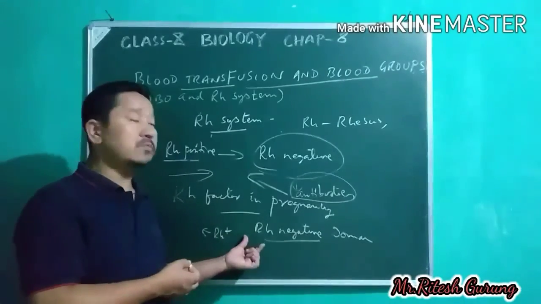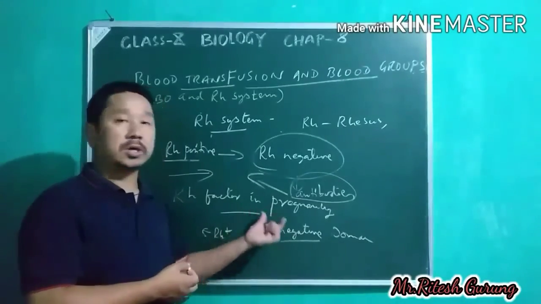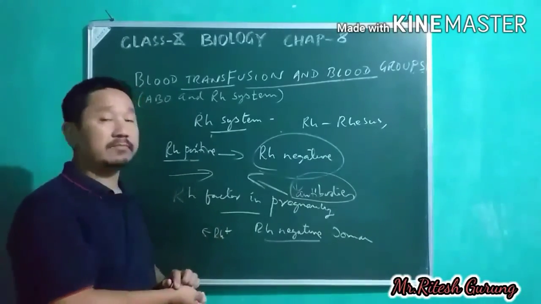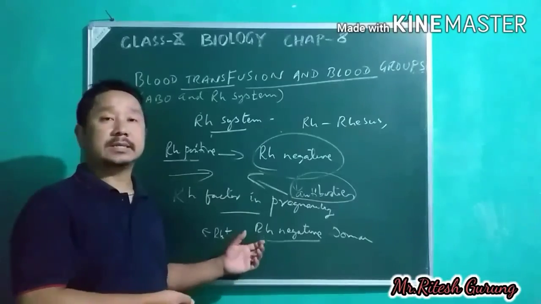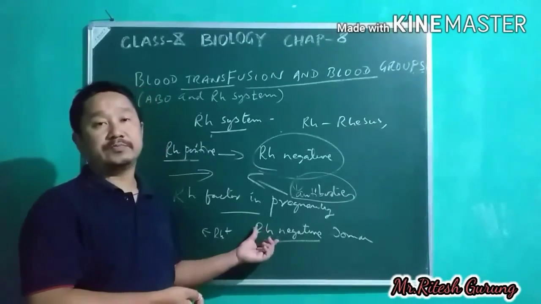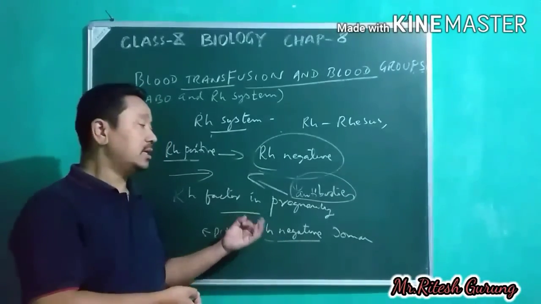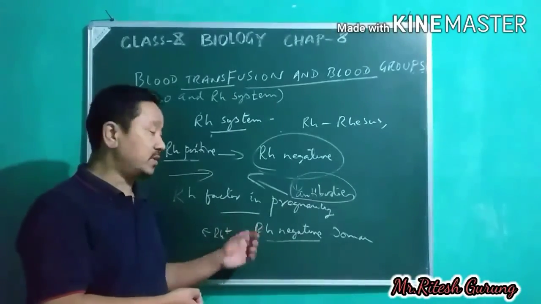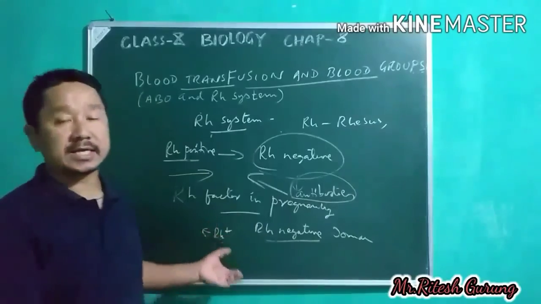There will be some problem in the growth or development of the baby inside. That complexity may lead to death of the fetus, or it may lead to abortion of the fetus, because of the unmatched Rh factor.